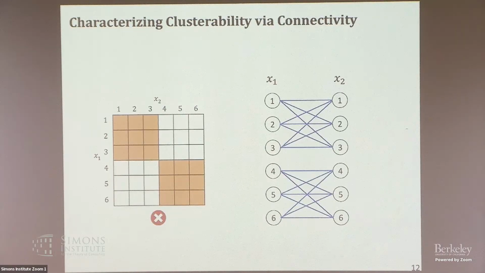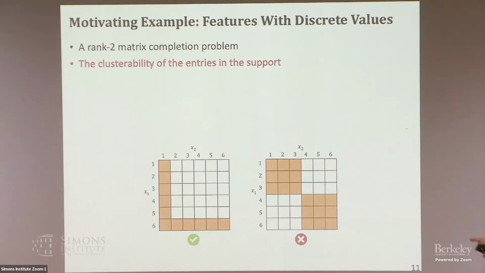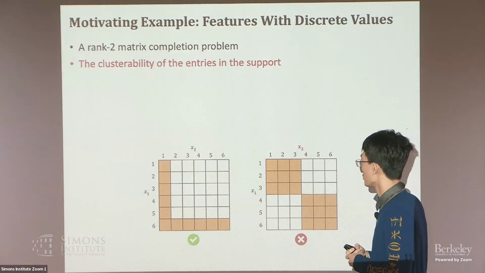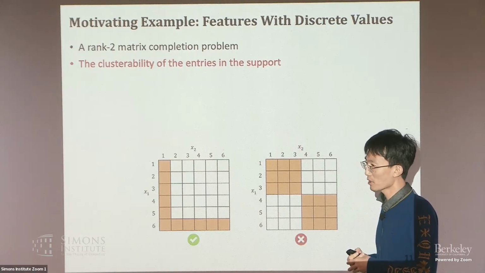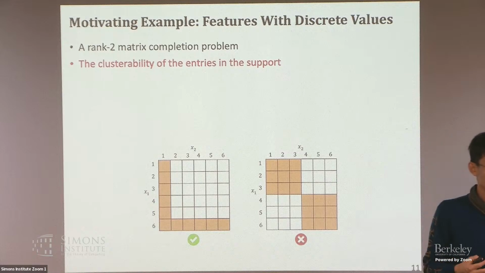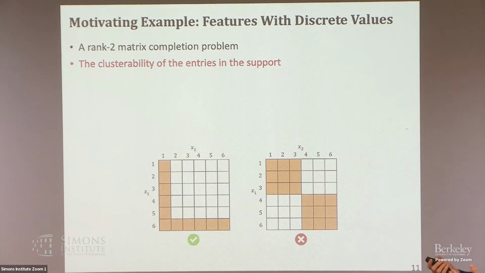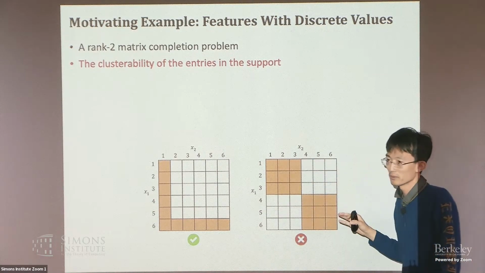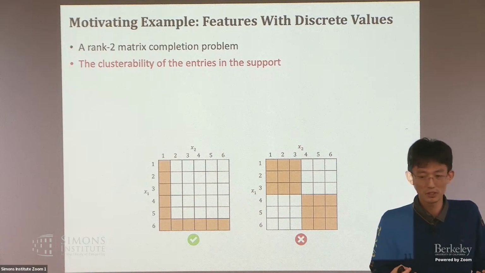And if you think about it, this is a good case and it's a bad case. And in some sense, it's just a pretty trivial rank 2 matrix completion problem, because your assumption is that this table has this decomposition structure. So that's why the numbers here form just a rank 2 matrix, and it's actually a very special rank 2 matrix.